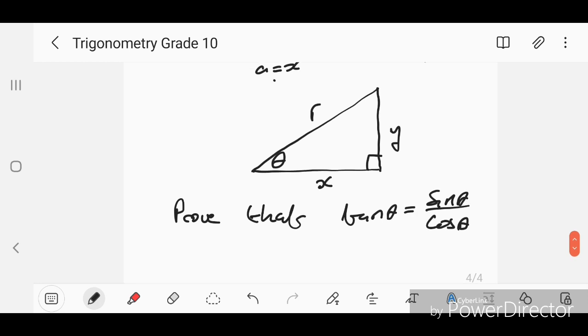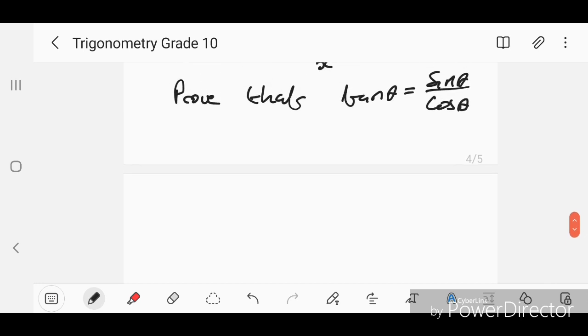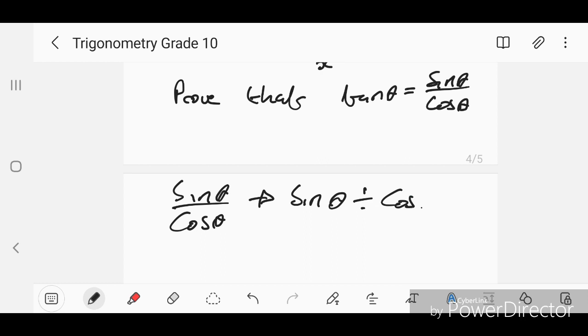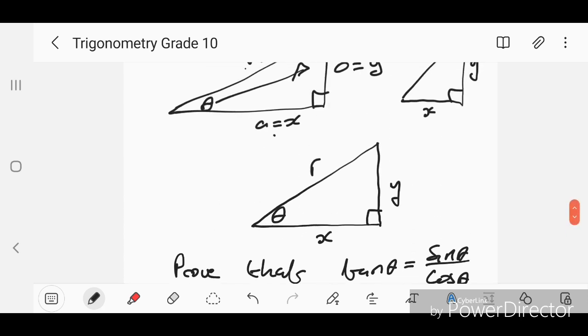So if we want to express sine of theta over cos of theta, which can be rewritten as sine theta divided by cos of theta, we know that sine of theta is opposite, which in this case is y.